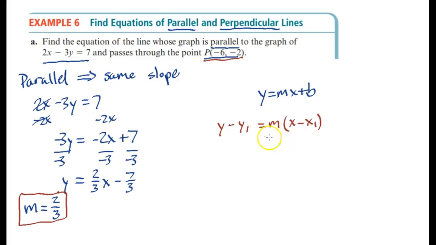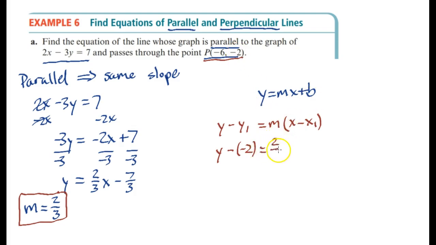All right, we have y minus y1, so y1 is the -2. Keep in mind we're subtracting, so y minus -2. It gets a little tricky with the signs, but realize we're subtracting a negative number because our y1 is negative.